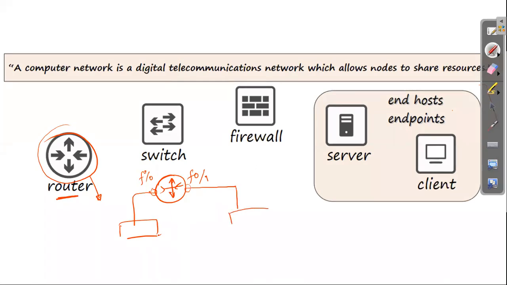Here may be another network. This is the 192.168.1.0 network. Here may be the 10.0.0.0/8 network. Because this is class A, this is class C network.